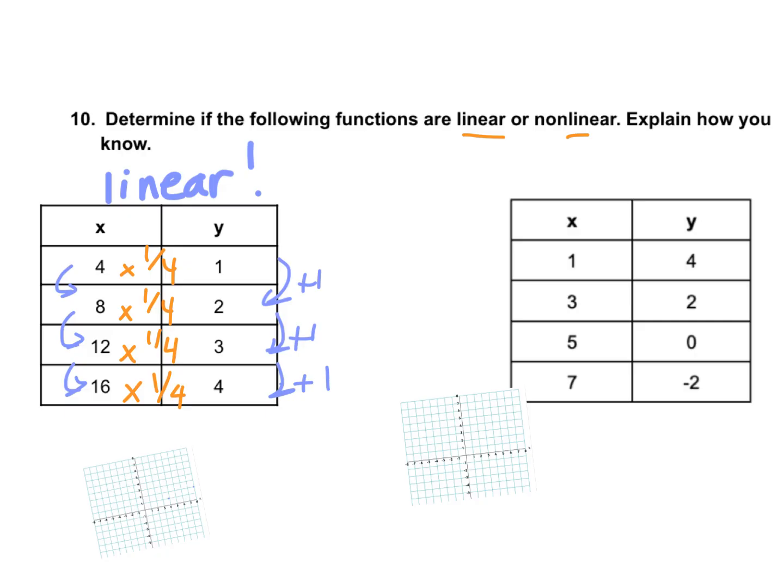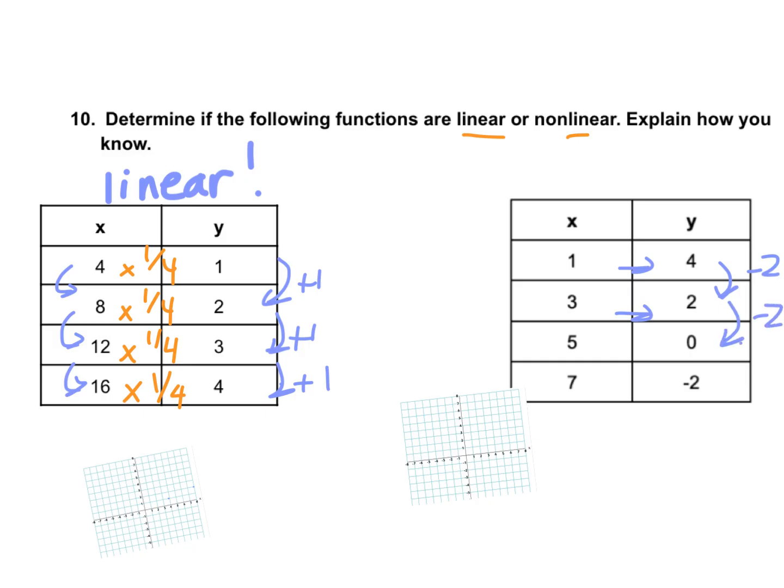And now I'm going to go through that same kind of process with the next table. If I go from a 1 to a 4, I'm not really sure there's a pattern that way, but there is a pattern when I go down the table.